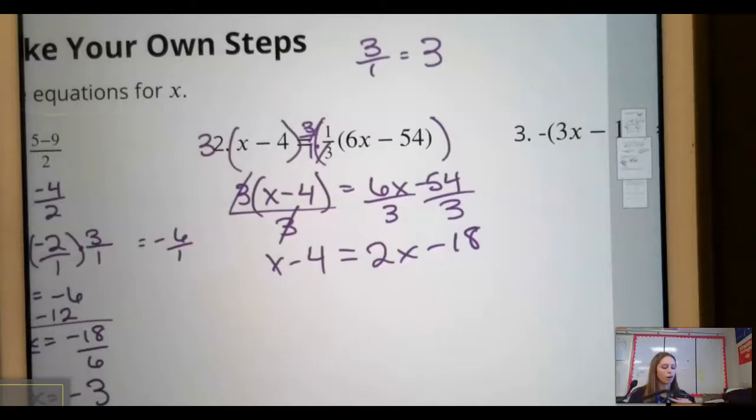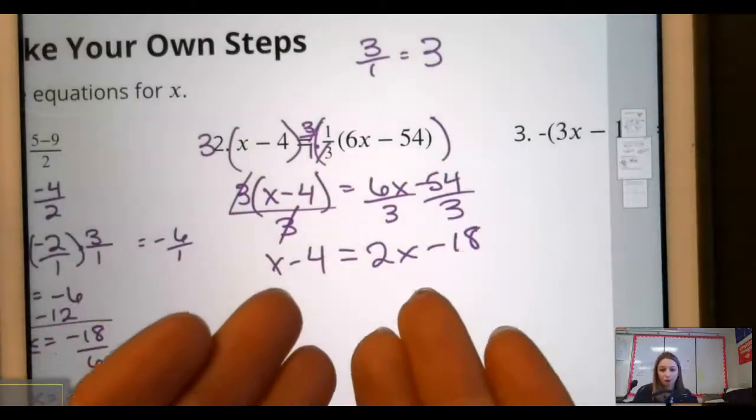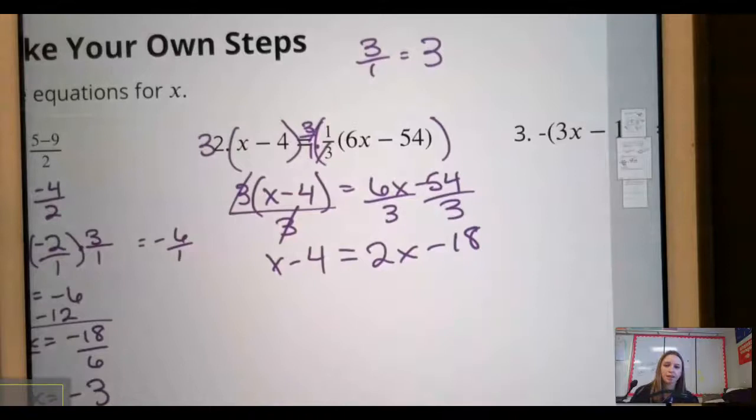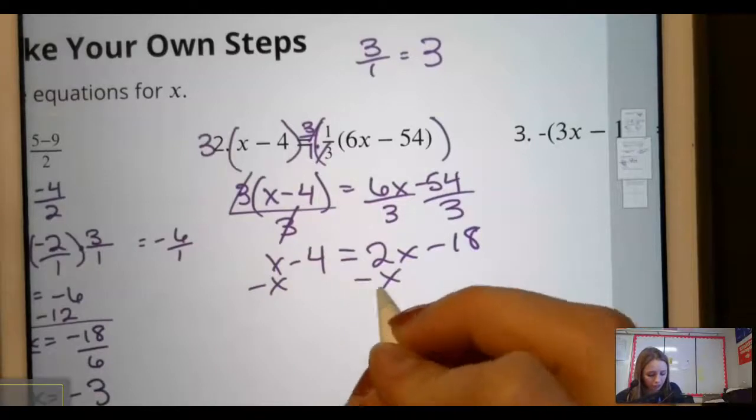Alright, so in lesson 3 we talked about our two options here. Since it made our numbers get smaller, that's why I decided to divide, and because each of my numbers are divisible by 3. So that is why dividing would be a nice choice here. Now I'm going to subtract x from both sides.